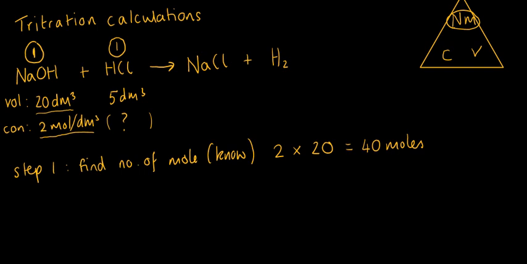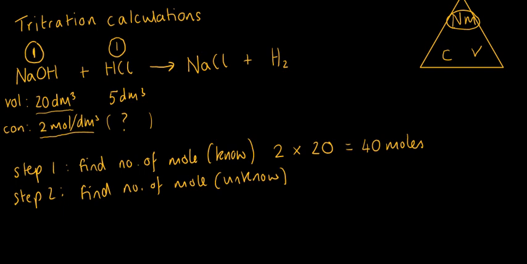Step 2: I need to find the number of moles of the unknown, the one I'm trying to find out, so this is my HCl. I need to look at the ratios in my equation, and this one's quite simple because 1 mole of sodium hydroxide reacts with 1 mole of hydrochloric acid.